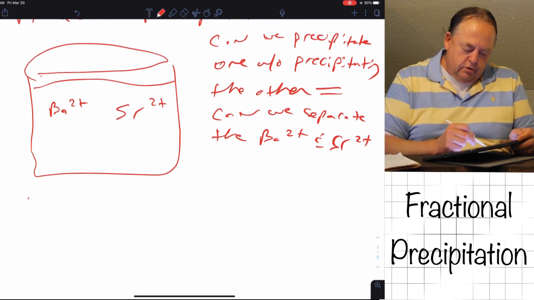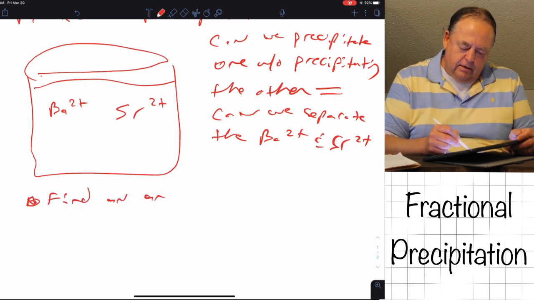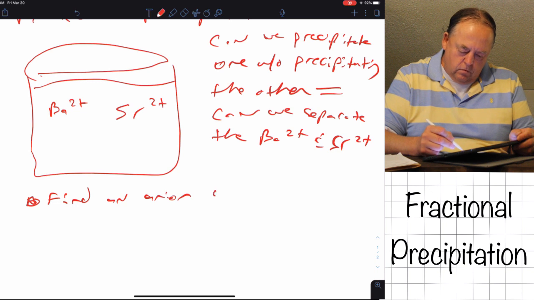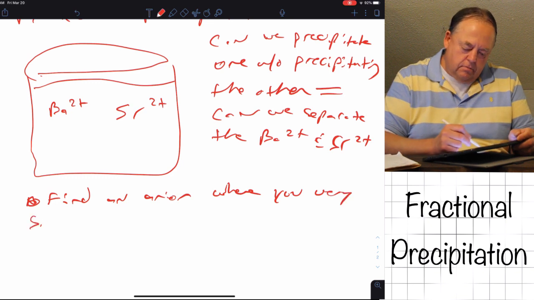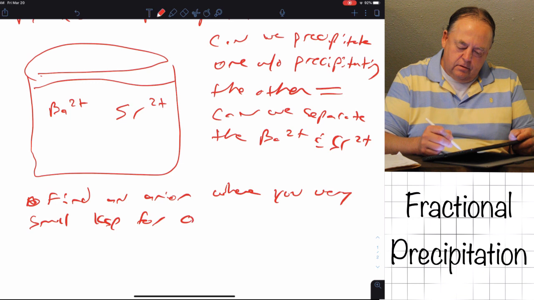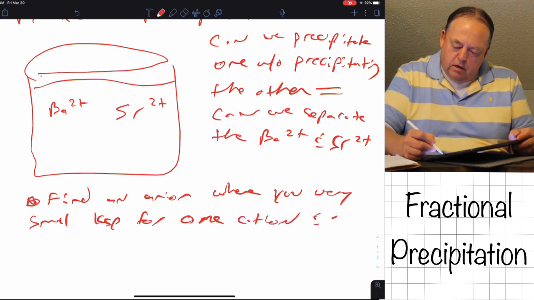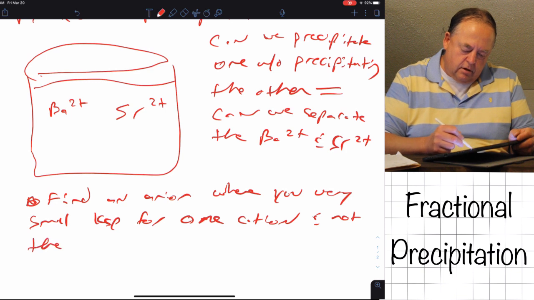Okay, so what you need to do is find an anion where you have a very small KSP for one cation and not the other.